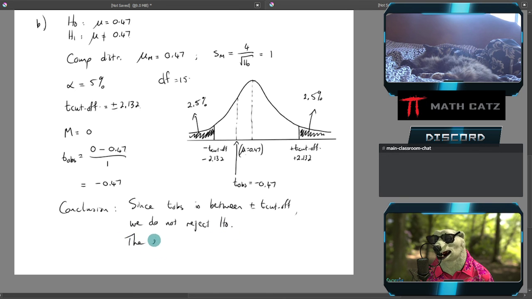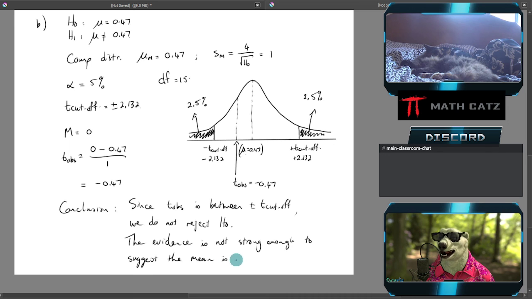The evidence is not strong enough to suggest, well, we don't know what the story is here, to suggest the mean is different from 0.47.